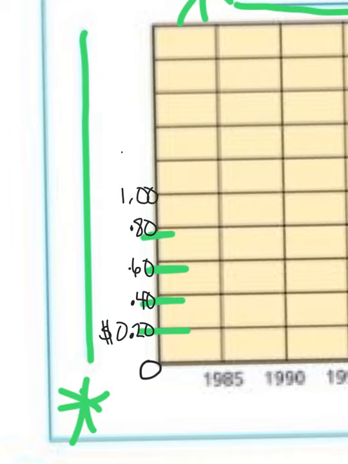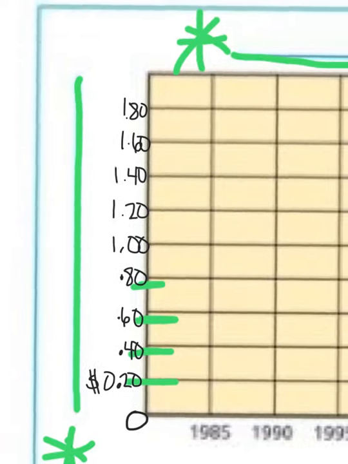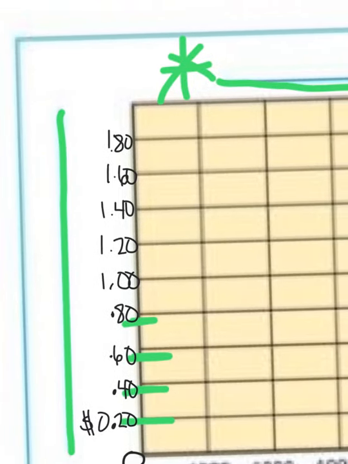And then you would include $1.20, $1.40, $1.60, $1.80. Hard to get it all in. And the last one would be $2. Okay? And so you have your scale.